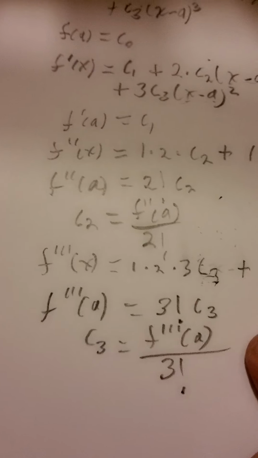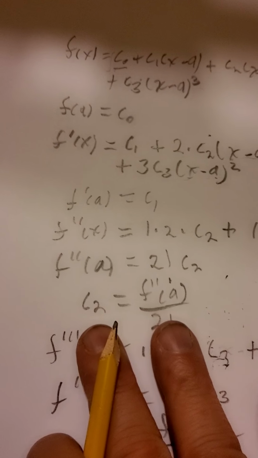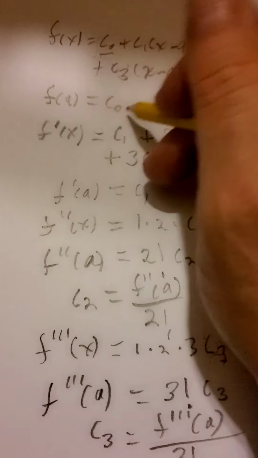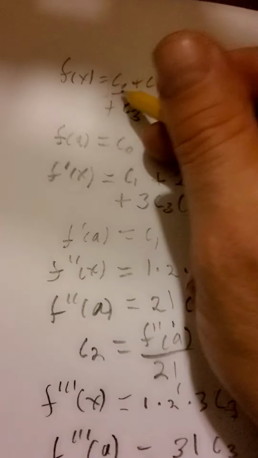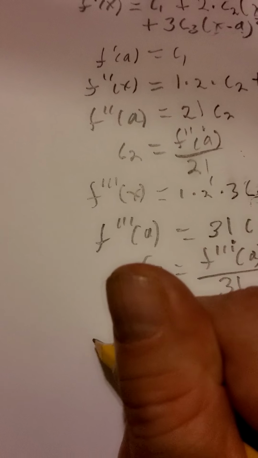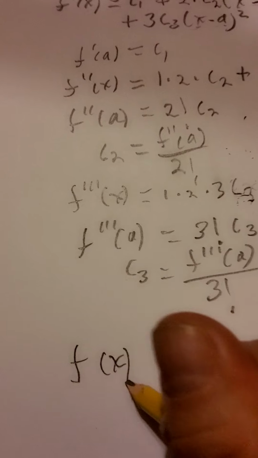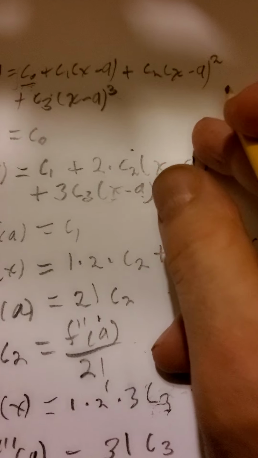Okay, now what do I want to do? I want to plug everything back in here. Okay, I know that f of a is just going to be c naught, right? So instead of putting c naught, I'm going to write f of a. So I'm going to rewrite my function, replacing all the c's with what I calculated for the c's.